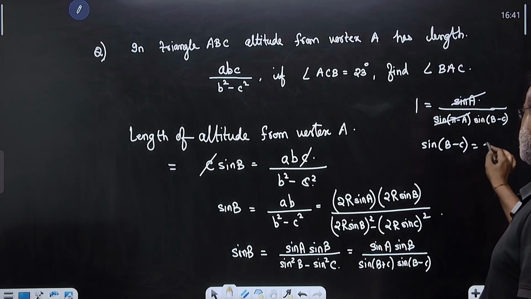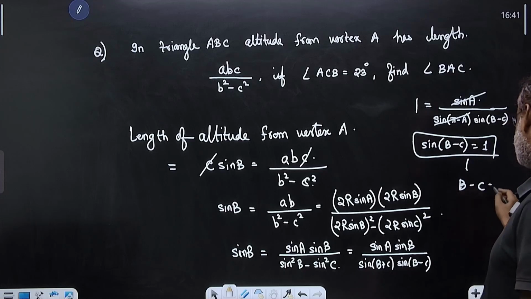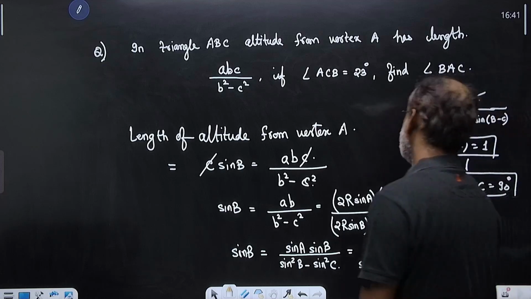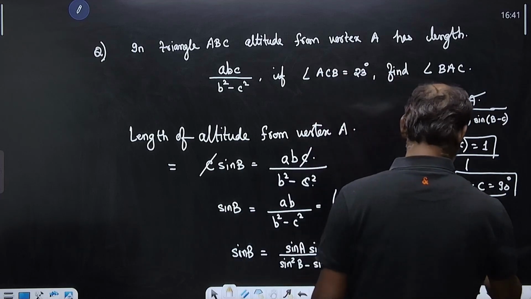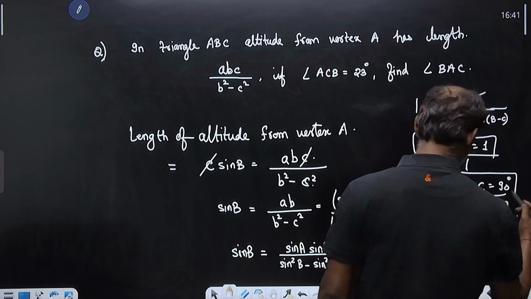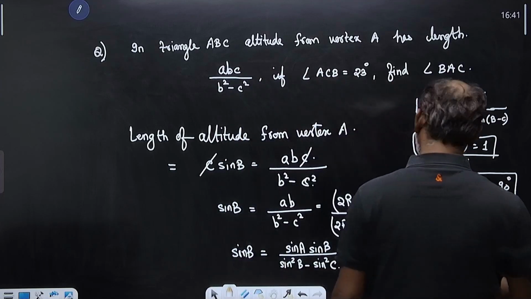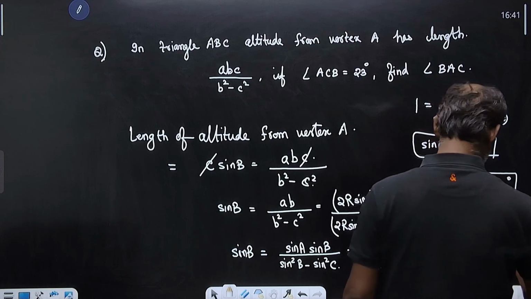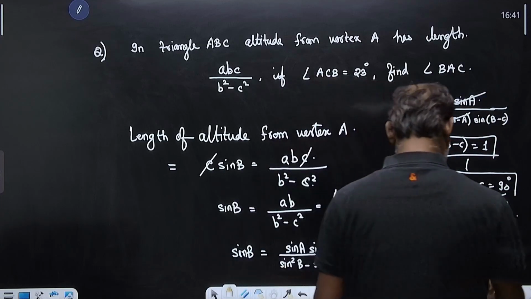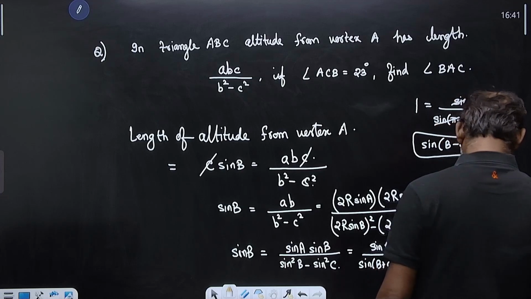It is an obtuse angle triangle, meaning thereby B minus C is 90 degree. So, angle C is 23 degree, B is 113 degree, B plus C is 136 degree. So, what is angle A? 44 degree.